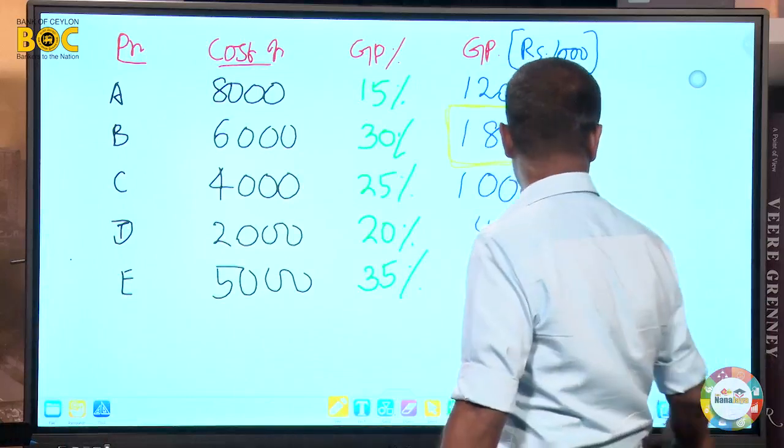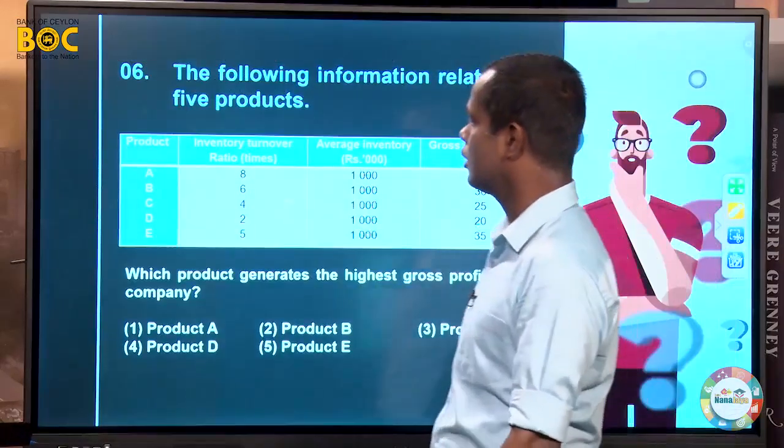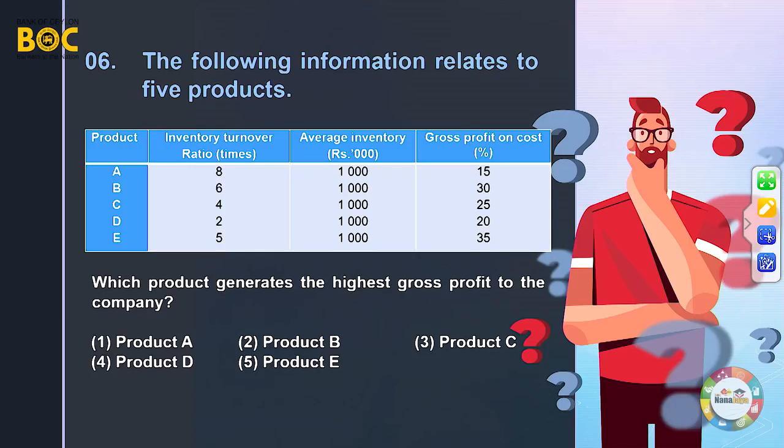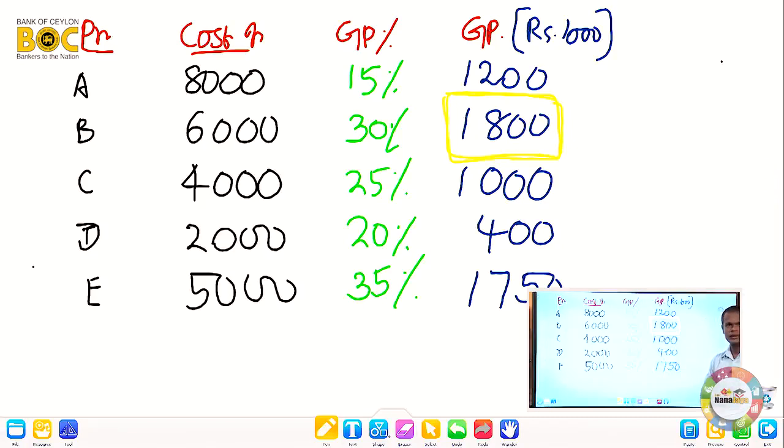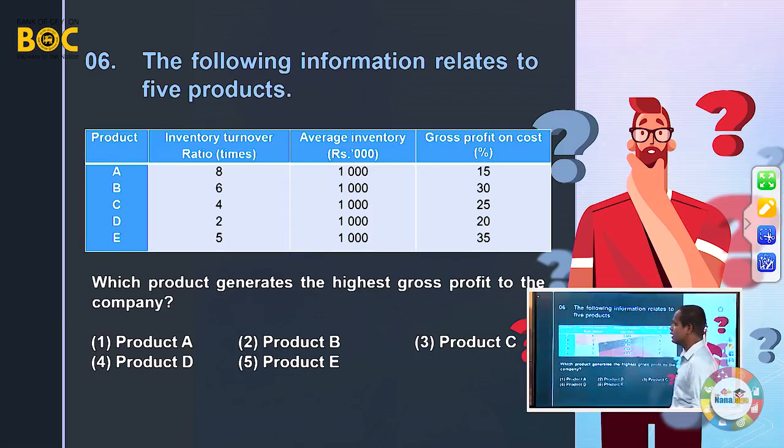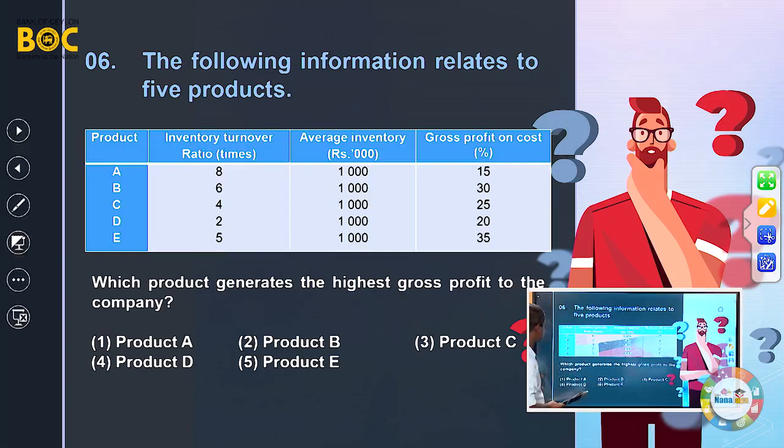You can answer from product A, B, C, D and E. Based on our calculations, we got 1,800,000, so product B has the highest profit. The answer is answer number 2, product B.